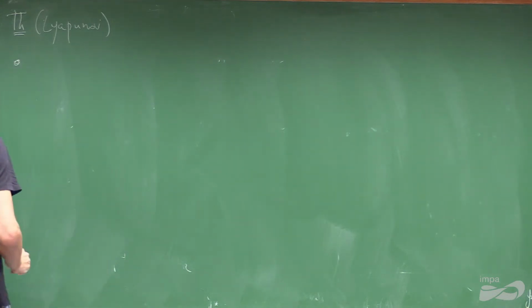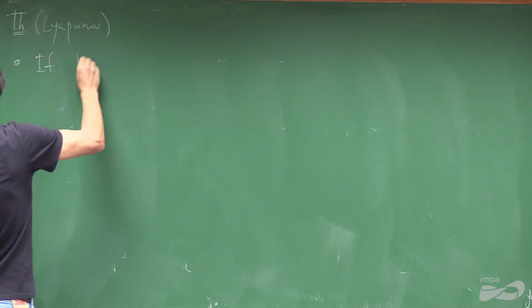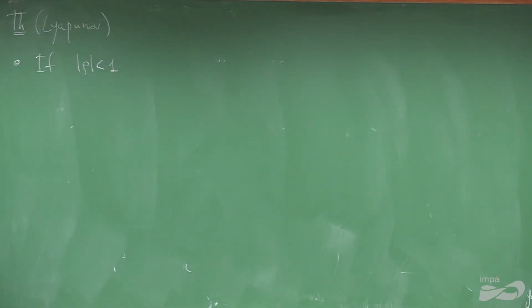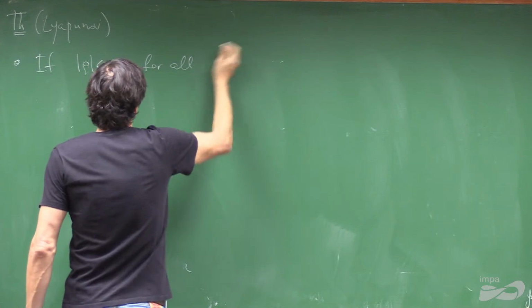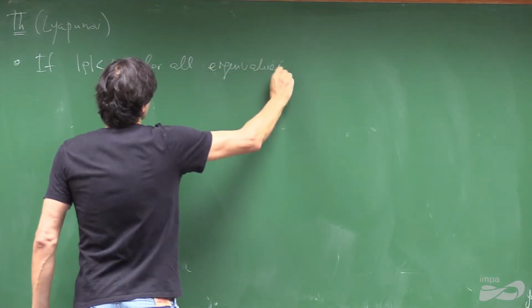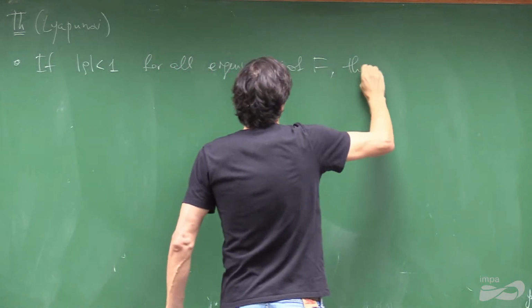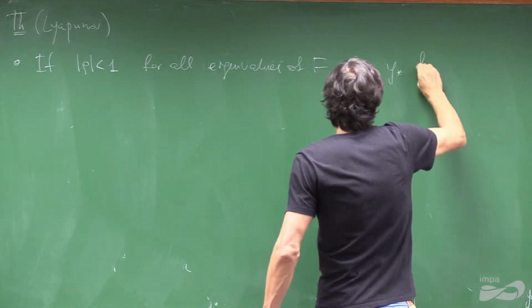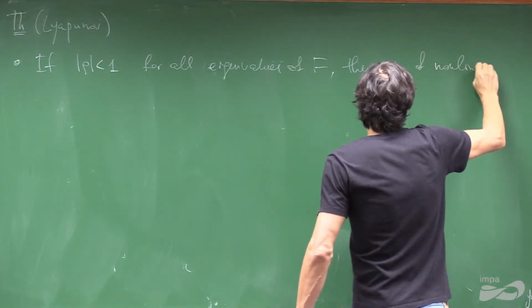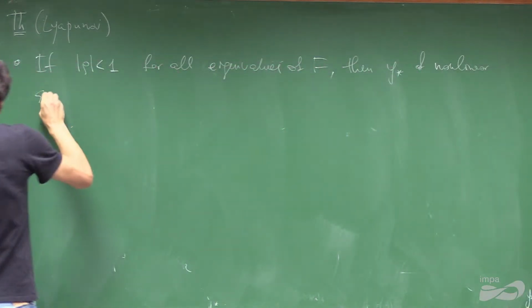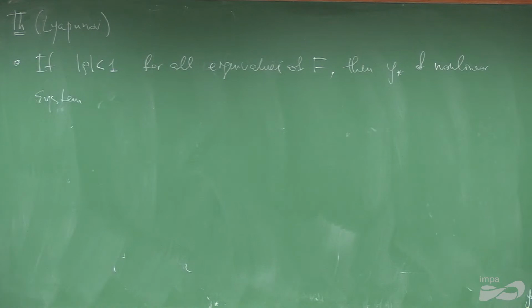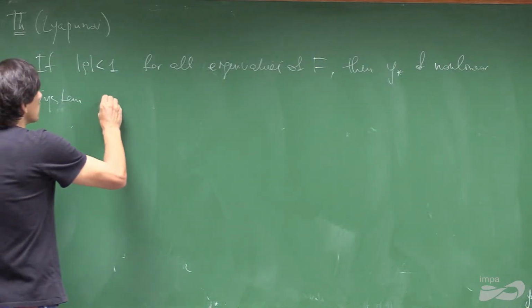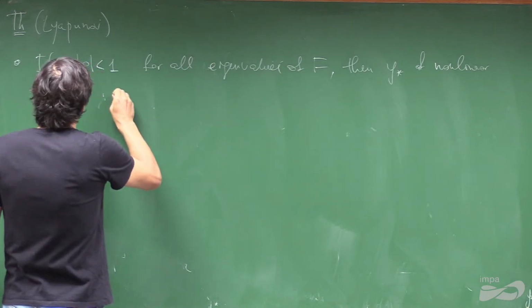So it also gives just two cases. If the absolute value of all multipliers, all eigenvalues of matrix F, is smaller than 1, then the equilibrium of the nonlinear system is, whether discrete or continuous time, it's the same thing for stability, asymptotically stable.